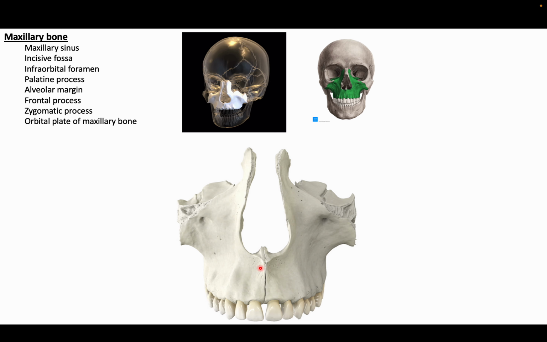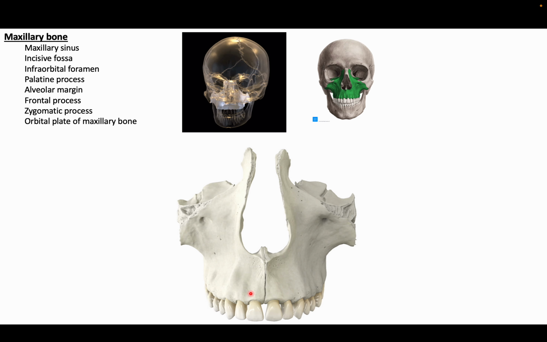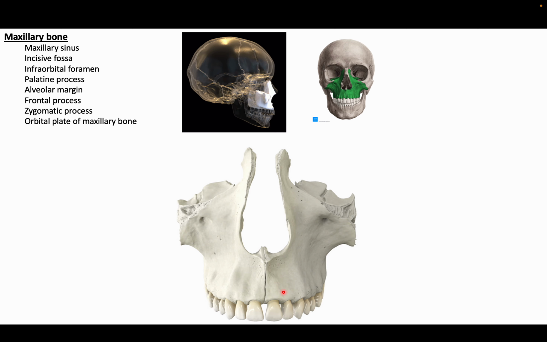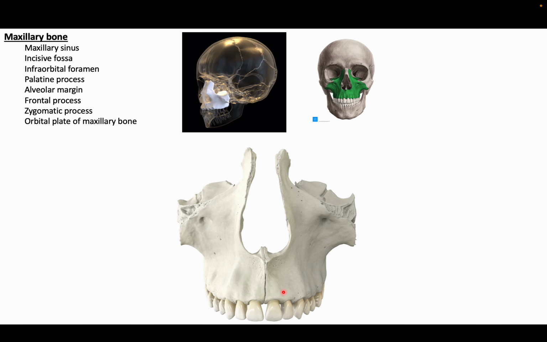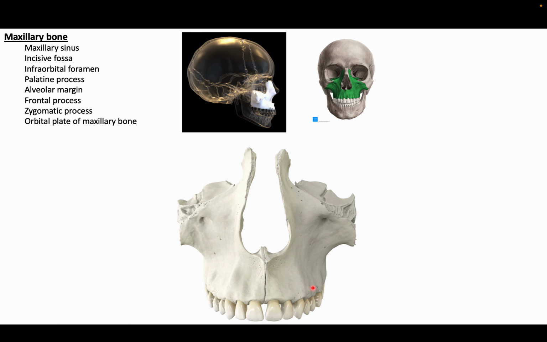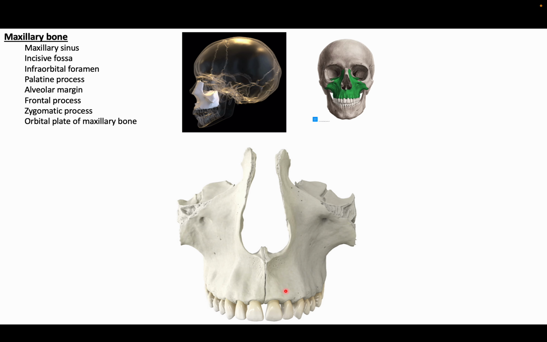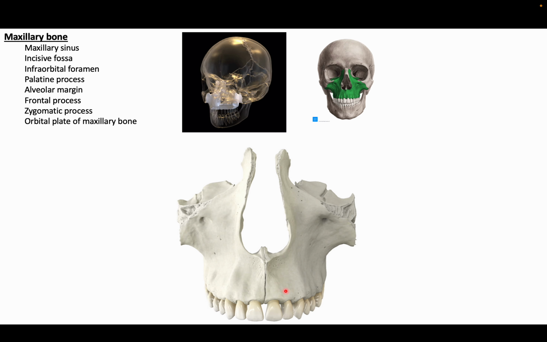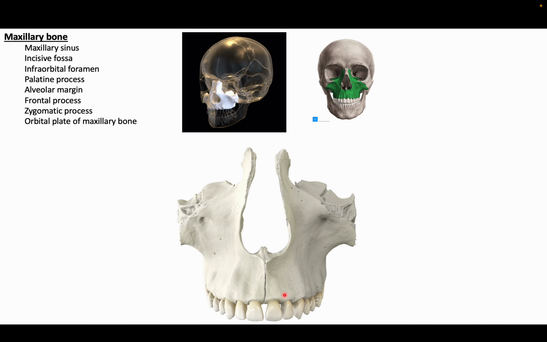And then moving down here, we have the alveolar margin. You can hear people refer to it as the process as well, but pretty much it is the rim. It's the rim of bone that is the closest to your teeth. And later on, we're going to see the actual alveolar process, which is an even thicker ridge.